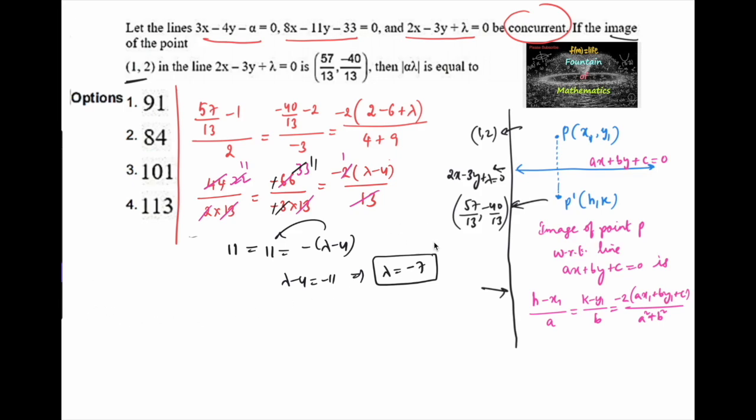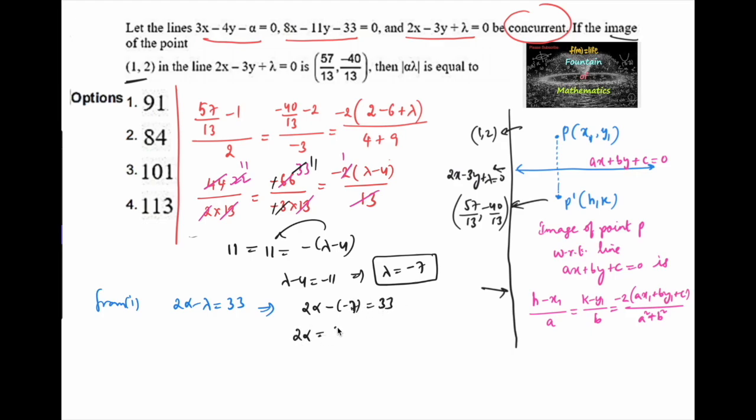So let us substitute lambda equals negative 7 in the equation we got previously from 1, that is 2 alpha minus lambda is equal to 33. So which implies 2 alpha minus of minus 7 is equal to 33.